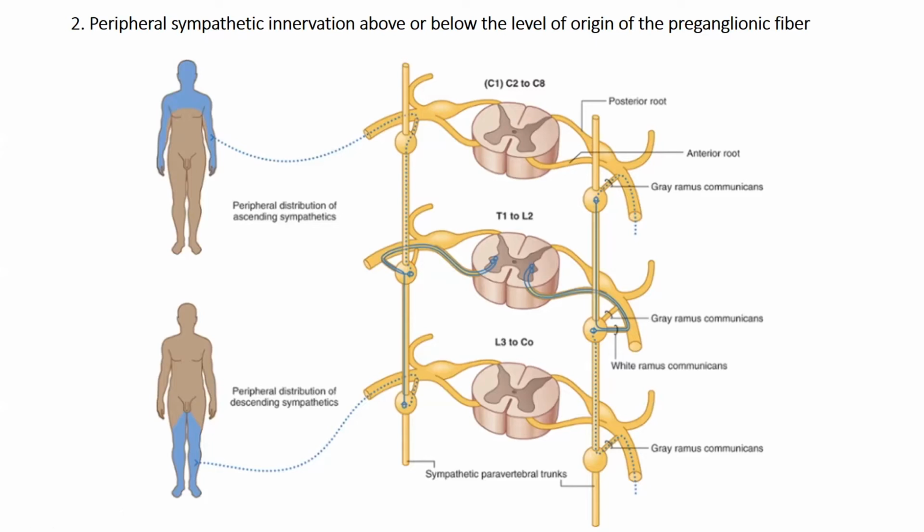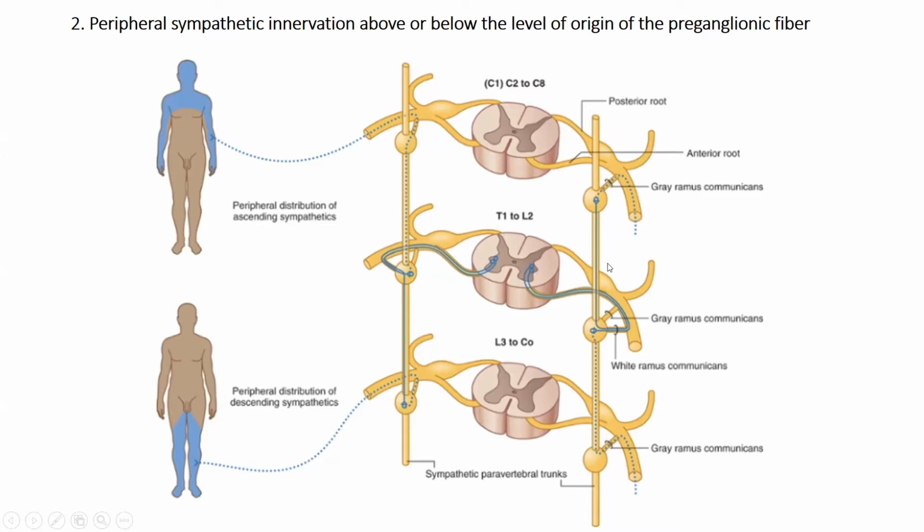So in this passage of this fiber, this preganglionic fiber, when it enters the trunk, it is either ascending or descending, below or above the level of the origin of the preganglionic fiber.